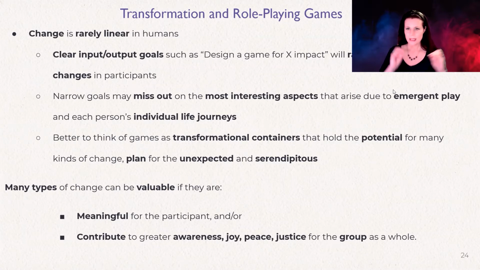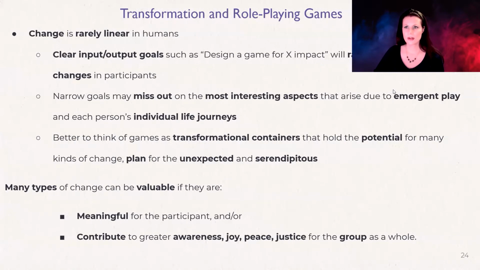And the assumption that that will happen is often foiled. It rarely results in predictable changes in participants because humans are complex and we have complex backgrounds and psychologies that we bring into this game, social interactions and whatnot. And so trying to predict what's going to happen can be very difficult.